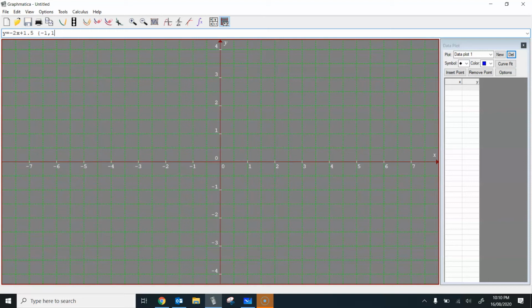So the smaller number first, -1, comma 1, and you close it with the same type of bracket. And then press enter. And what do we get? We get a restricted graph, which means it's graphed this graph, but only between these x values. And we always put the smaller number to the larger number in the restriction.